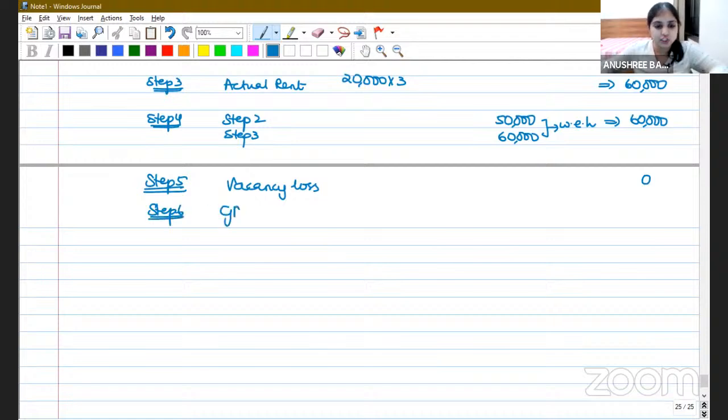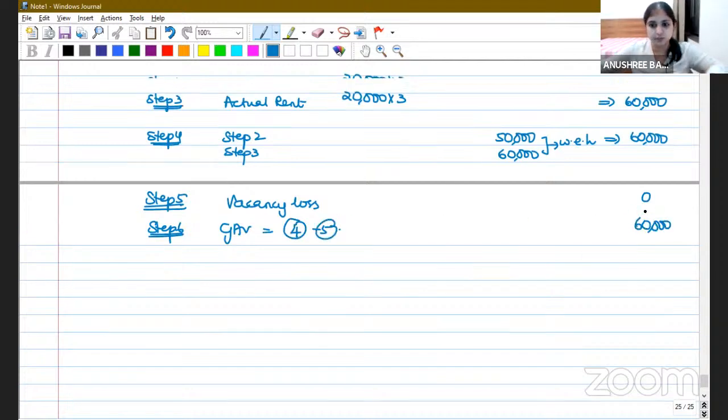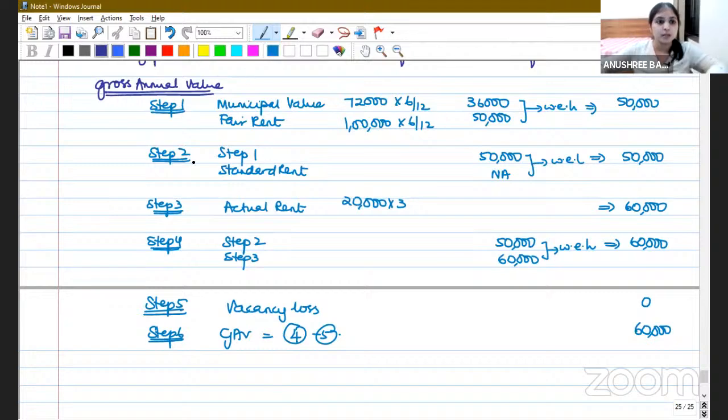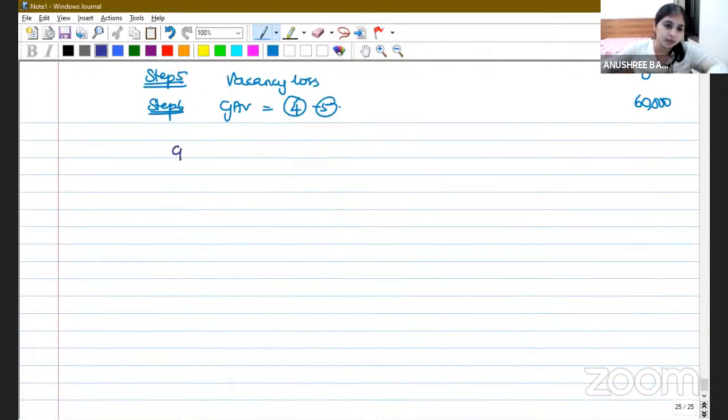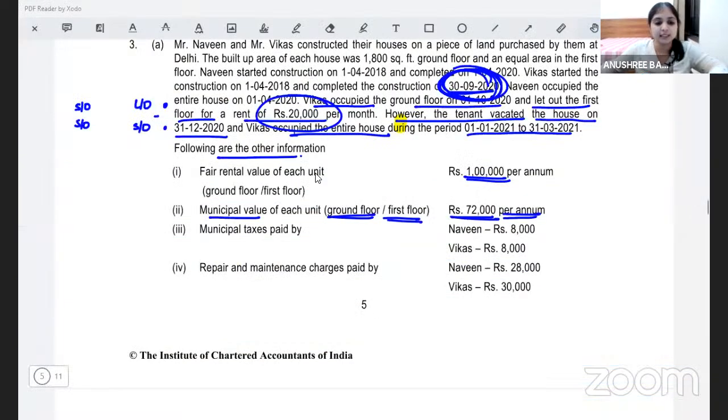Step 6 will be our GAV, nothing but step 4 minus step 5. So this is going to be 60,000. Okay. So below this, write down GAV 60,000. From this, we subtract municipal taxes paid. How much municipal tax did Mr. Vikas pay?